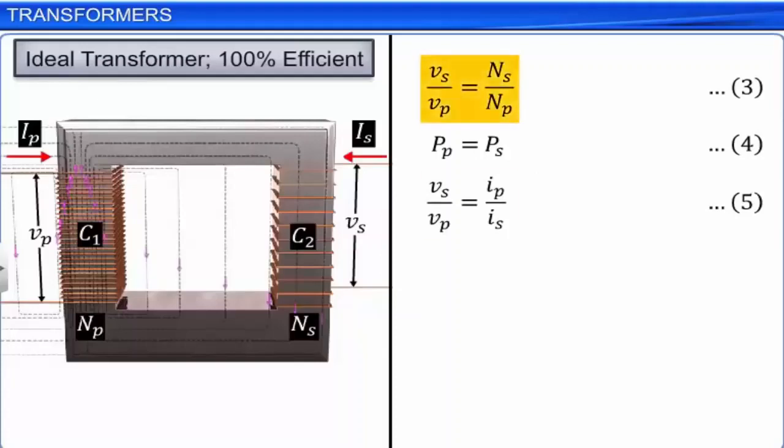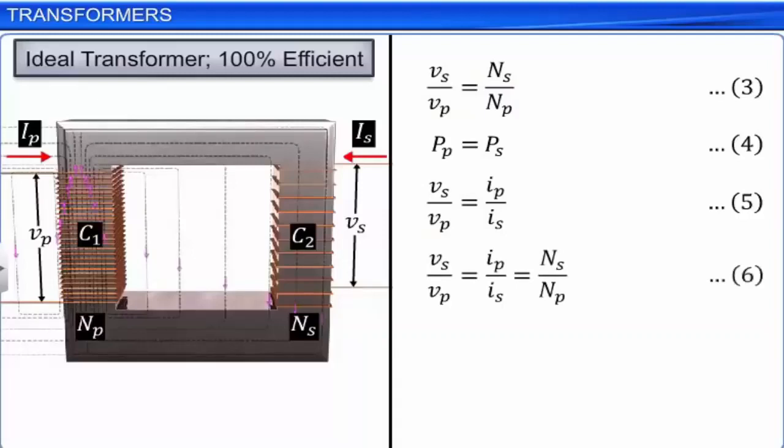Let this be equation 6. This shows that the current in the coils is inversely proportional to the number of turns in the coil. Since I and V both oscillate with the same frequency as the AC source, equation 6 also gives the ratio of the amplitudes or RMS values of the corresponding quantities.